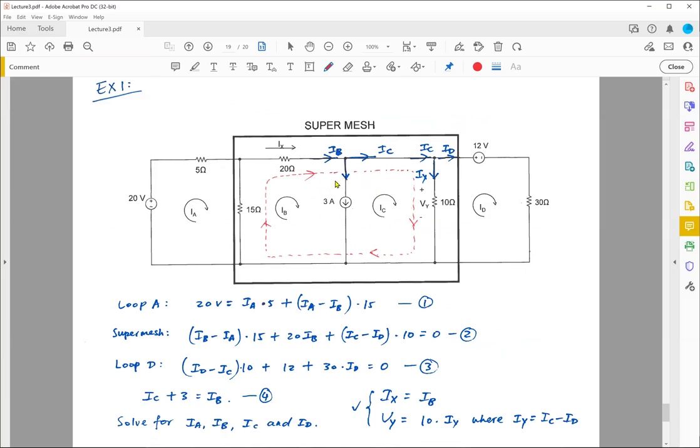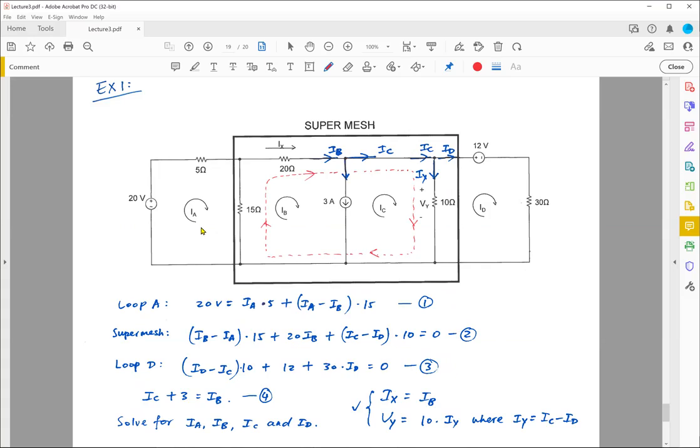I have this current source, which is just like what we said. This guy here is common to two loops, stuck in between these two loops. So I know somehow I have to use a slightly different technique to get around this problem.